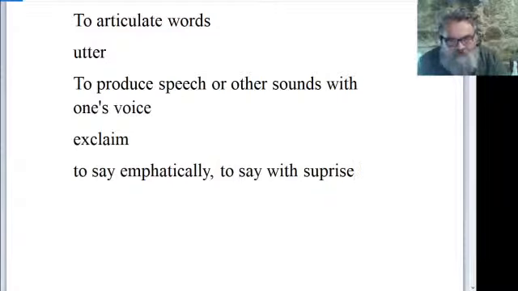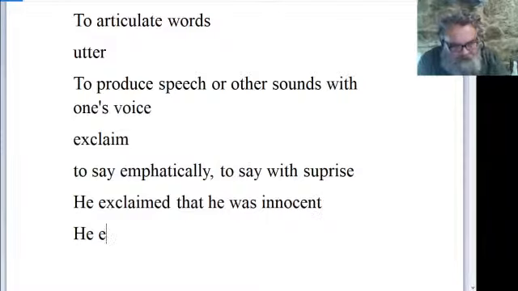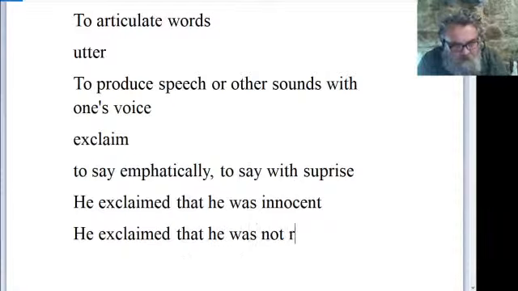A nice example of that, he exclaimed that he was innocent, or he exclaimed that he was not responsible.